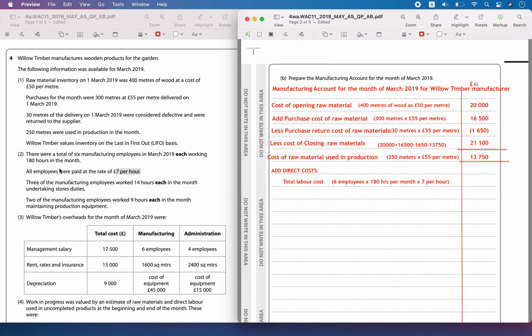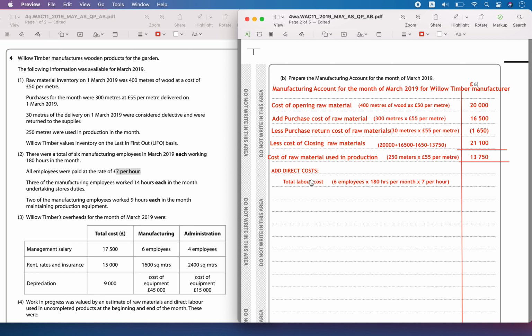Out of that we are seeing that 3 of the manufacturing employees are also working for store duties and 2 of the manufacturing employees are working to maintain the production equipment. So these are the indirect labor costs. It is not related to manufacturing.